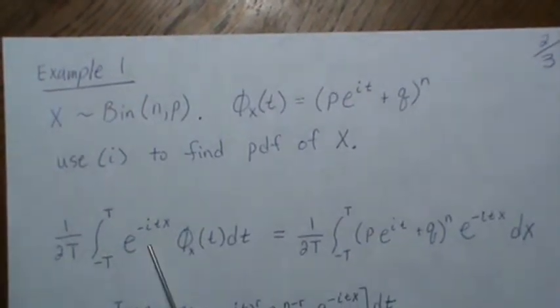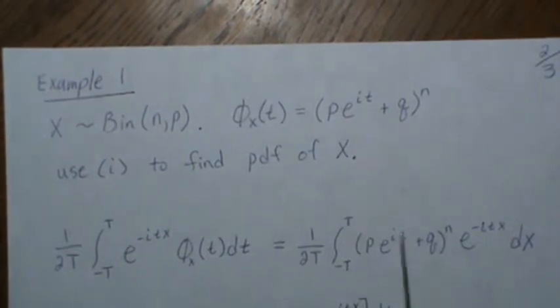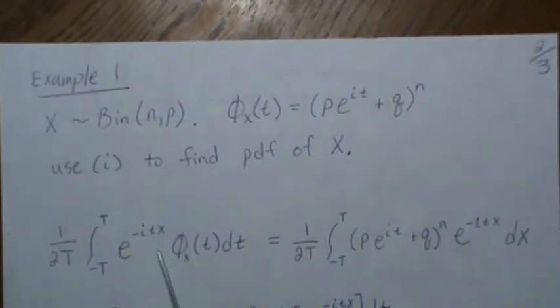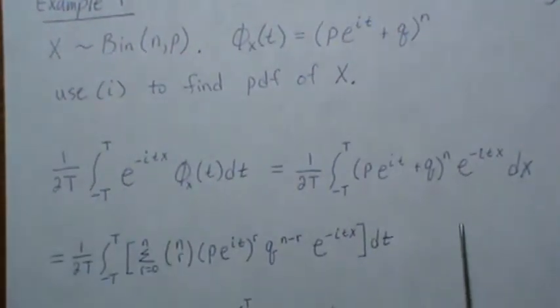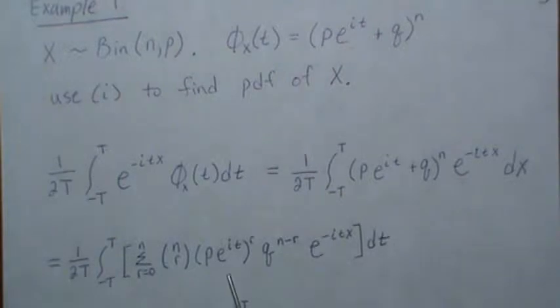And so we plug in our characteristic function and multiply it by this e. Well, this right here we use the binomial formula for, and that's what this is, and the q comes from that, of course, and then you sum from 0 to n because that's an n. This piece stays the same.